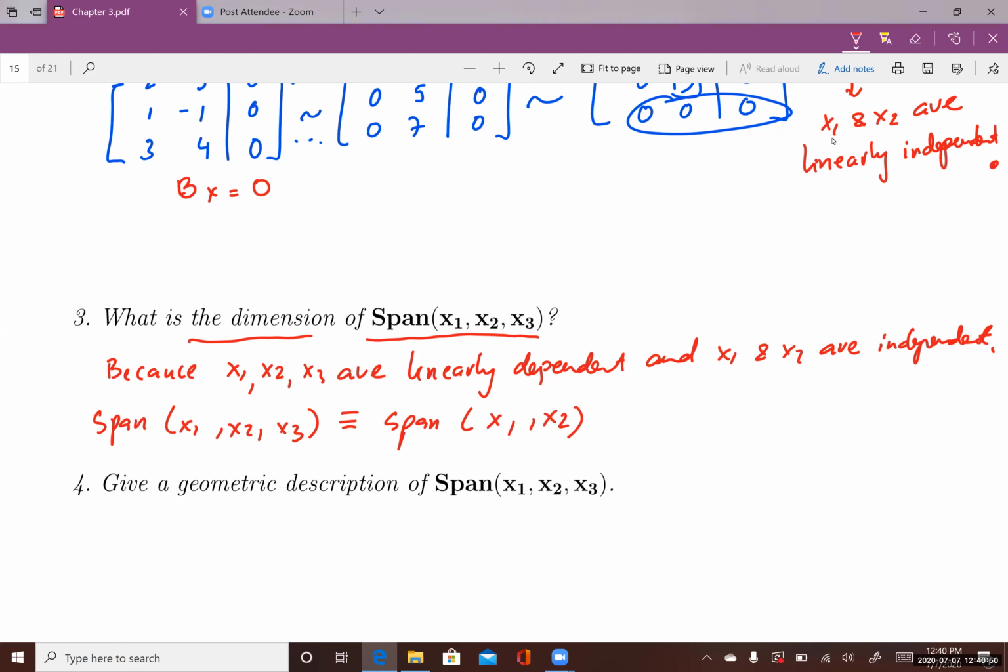So the span of this set is the span of this set. And since x1 and x2 are linearly independent, the dimension of the span of x1, x2, x3 equals 2.